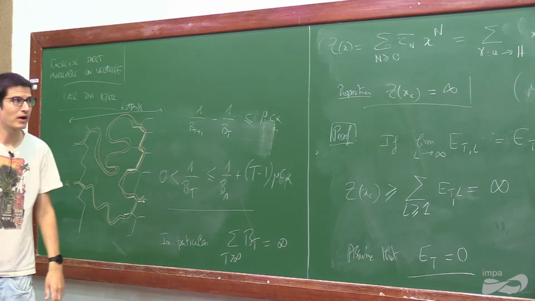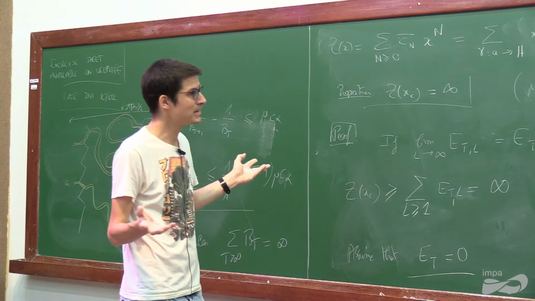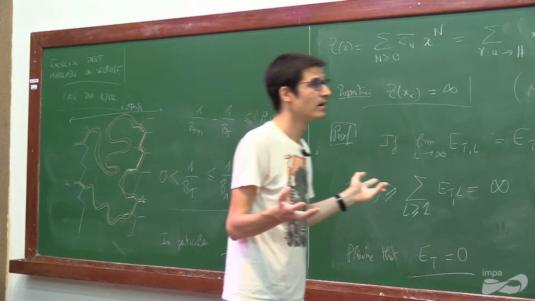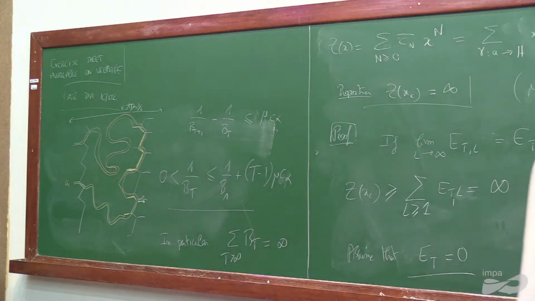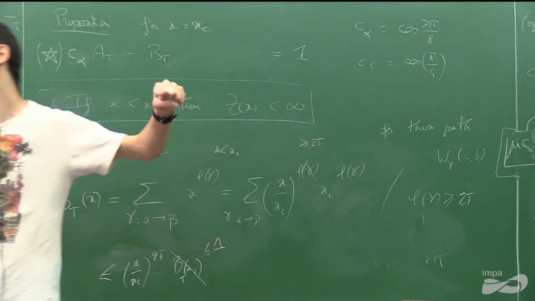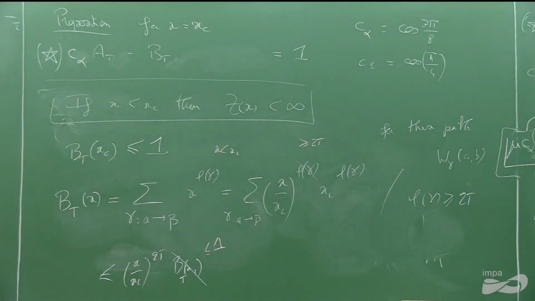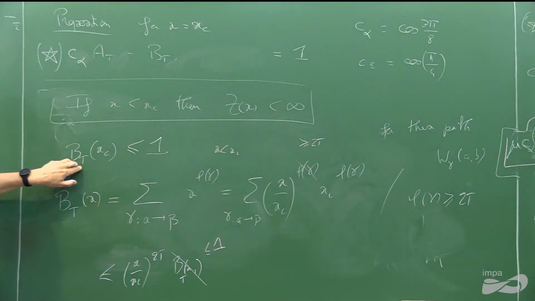So now what we are going to show is that if you have a self-avoiding walk, you can decompose it in terms of bridges, and this bridge decomposition will help you to bound zx in terms of the bt's. So let's take 5 minutes of break, and we do this just after.